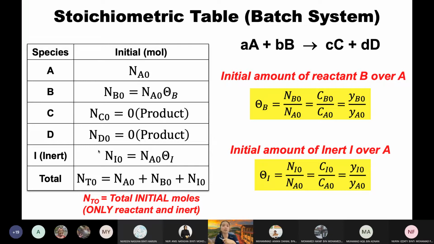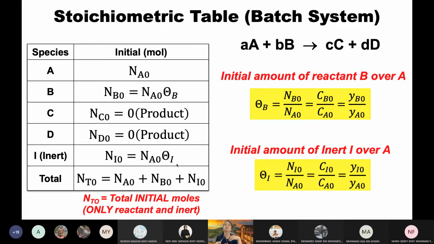So Ni naught sama dengan berapa? So Ni naught sama juga dengan Na naught multiply dengan theta I. Tadi theta B, sekarang multiply dengan theta I. So apa tu theta I? Kalau theta B was initial amount of B over A, therefore for inert, theta I will be initial amount of your inert over initial amount of A. So konsep dia masih sama.